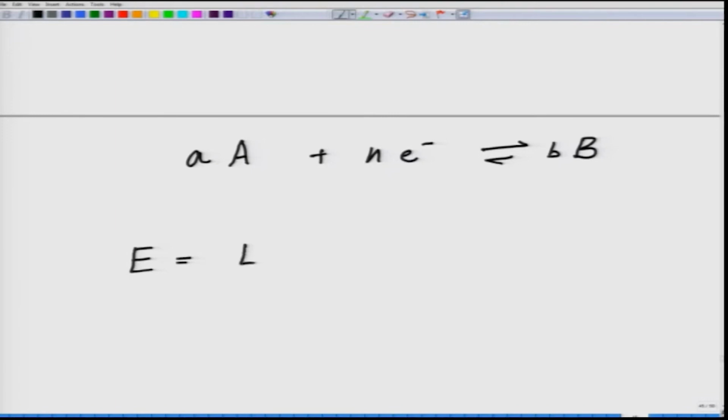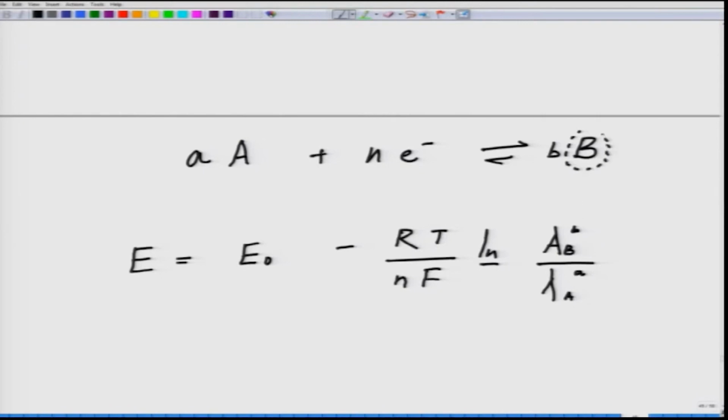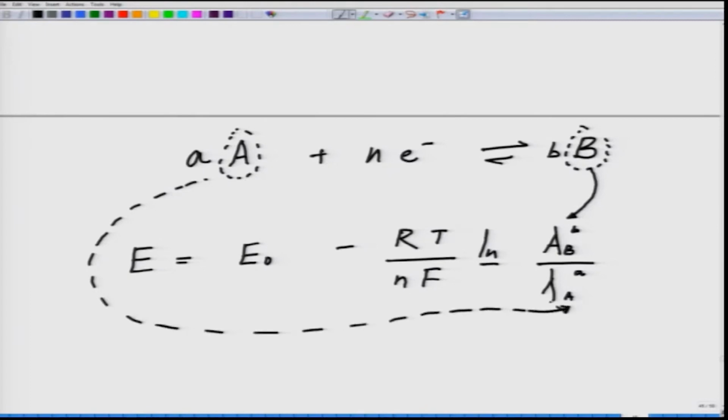E, which is in volt, standard potential E0 minus gas constant, absolute temperature, number of electrons, Faraday's constant, natural log, this is the natural log, and concentration of B, this is concentration of A. So, essentially what I am talking about is reactant, so the product A and, okay.